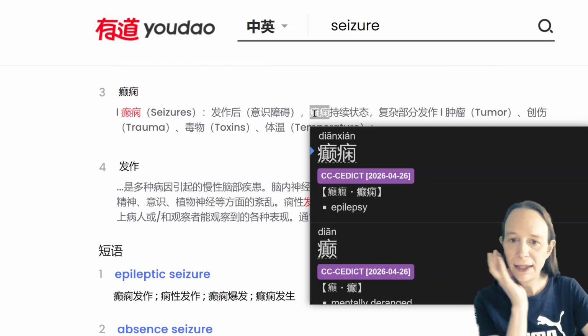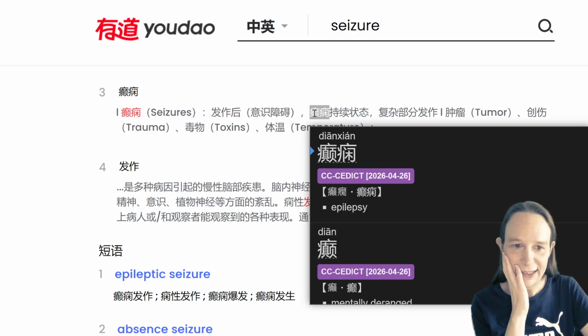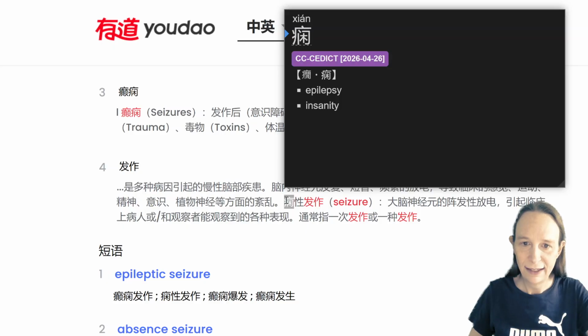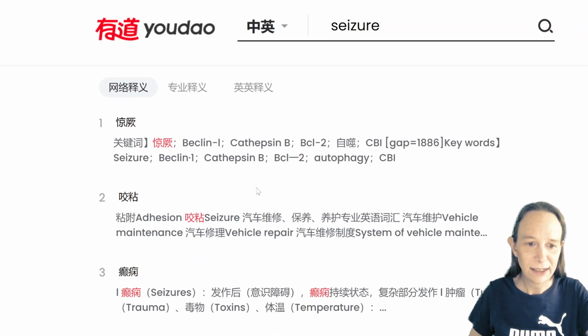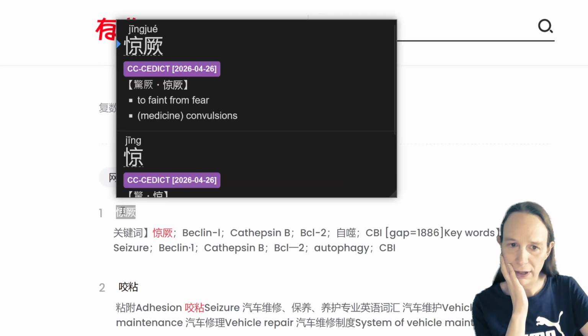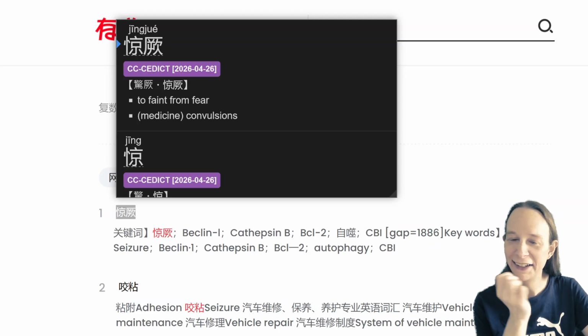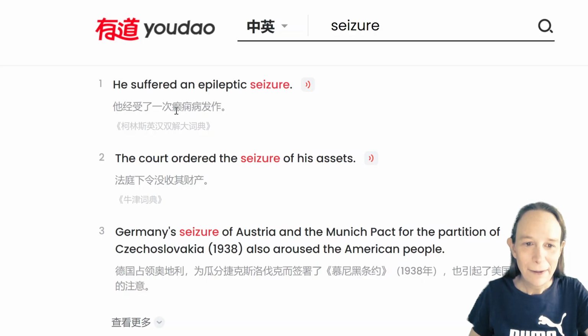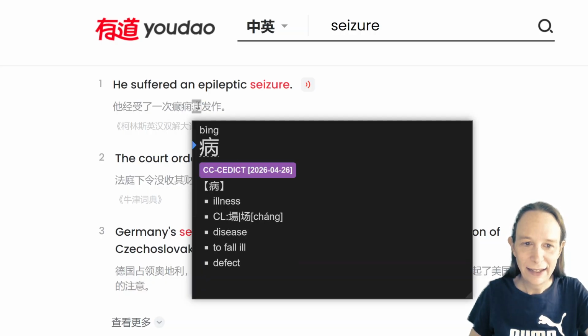Here. 癫痫. Oh no, so that is epilepsy. So what's seizure? This one? 惊厥. Oh, convulsions. Yeah, close enough, I guess. Are they the same thing? Maybe not. I'm not sure. I'd have to ask a doctor. Okay. So this is epileptic.